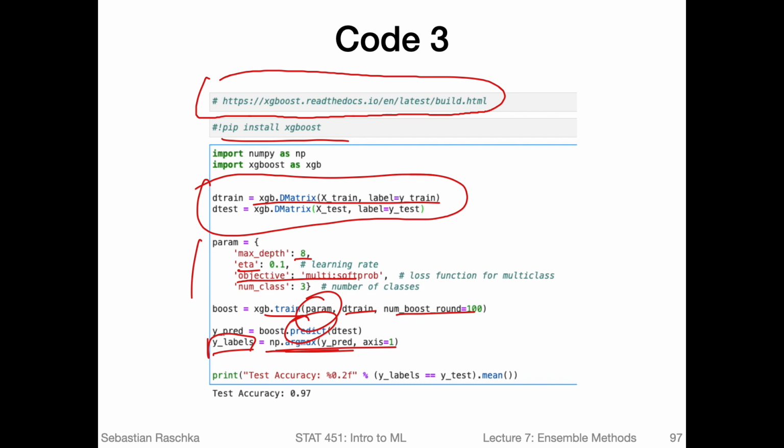And then we are computing the accuracy. I don't think XGBoost has a score method, or maybe it has, I just didn't try. So here I'm checking how many of the predicted labels equal the labels in the test data set, and then averaging, so that gives me the accuracy. In this case I also have a 97% prediction accuracy.